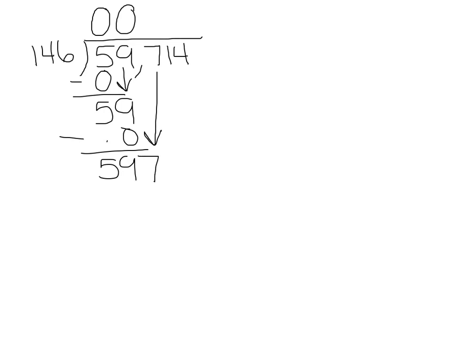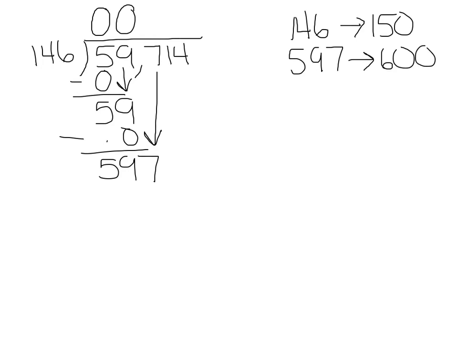All right, 146 goes into 597 how many times? So I'm going to use some estimation right now. 146 is about 150. And 597 is about 600. So if I can estimate how many times 150 goes into 600, which is pretty easy, then I have a good idea how many times 146 goes into 597.